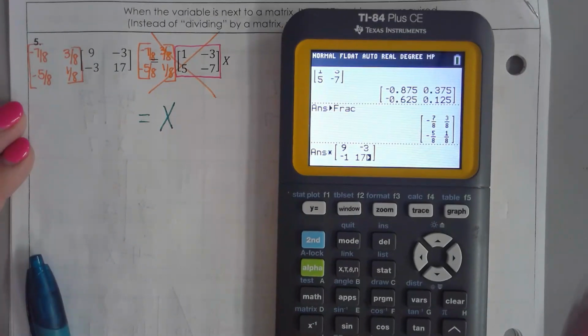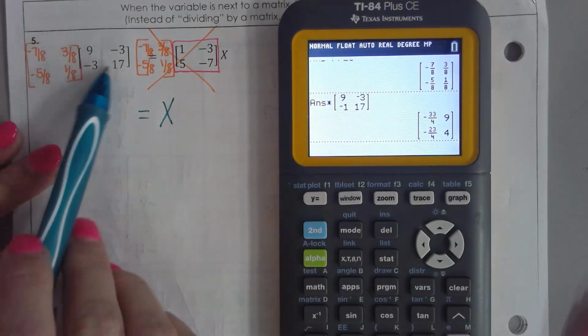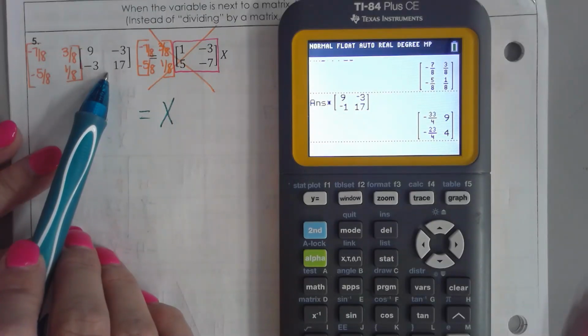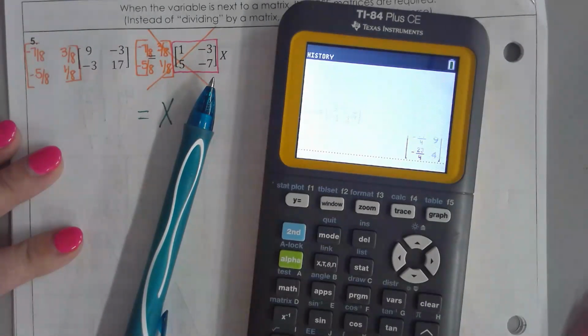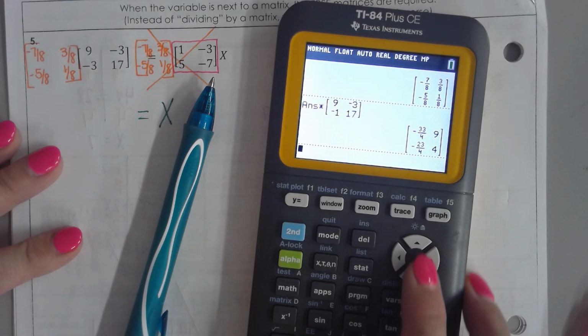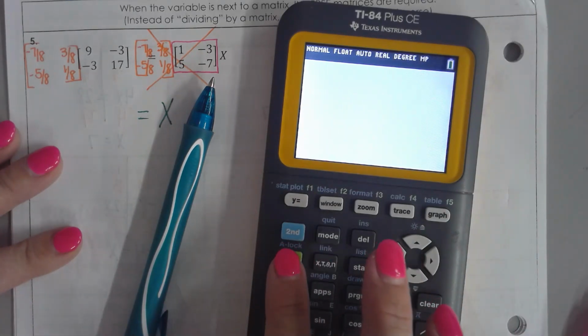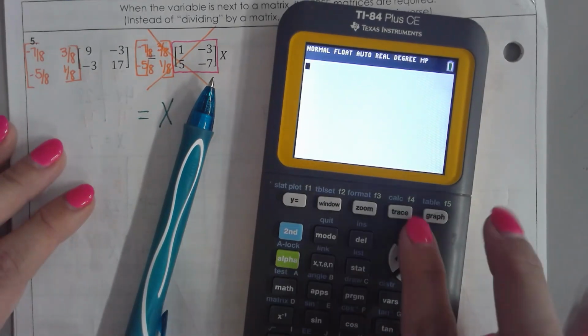And then when I hit enter, that's not what I got last time. Okay, let's get that back. I'm going to have to retype the whole thing.